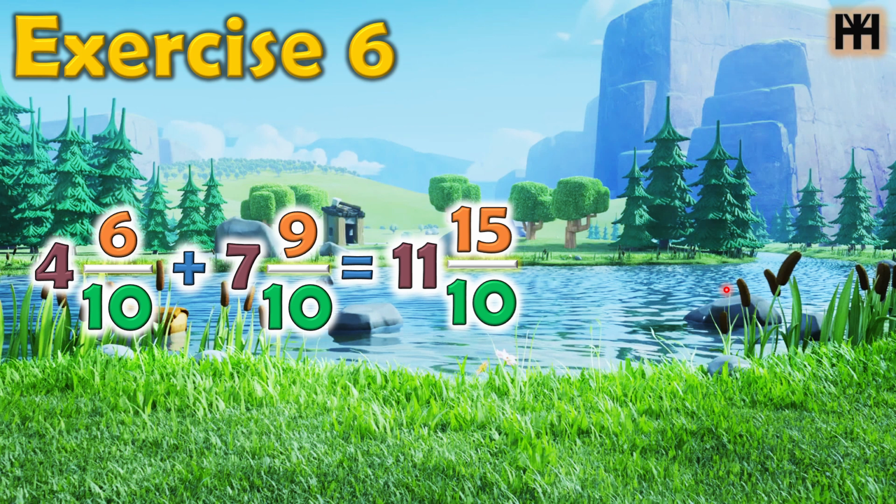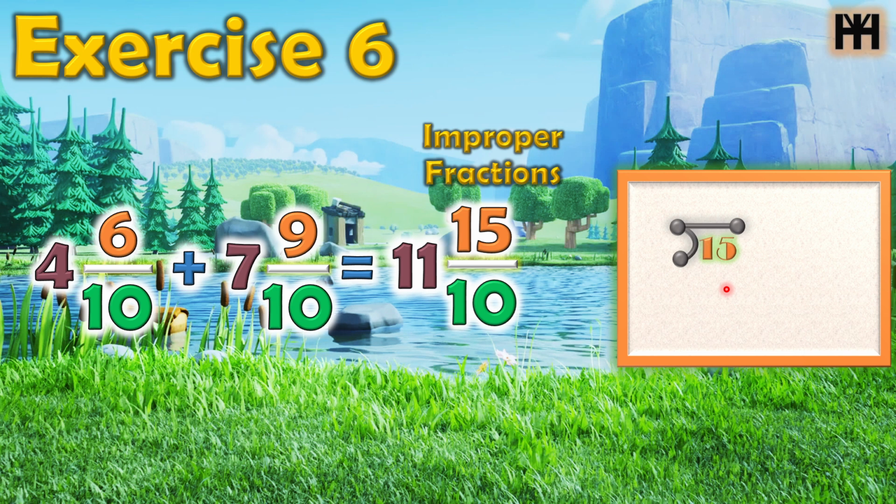Are we done here? Not yet. This is an improper fraction as the numerator is greater than the denominator. So we must change it into a mixed number. Okay, so here it's 15 and here it's 10. Then divide, multiply, subtract, and repeat. So 15 divided by 10, or how many 10s are inside 15?